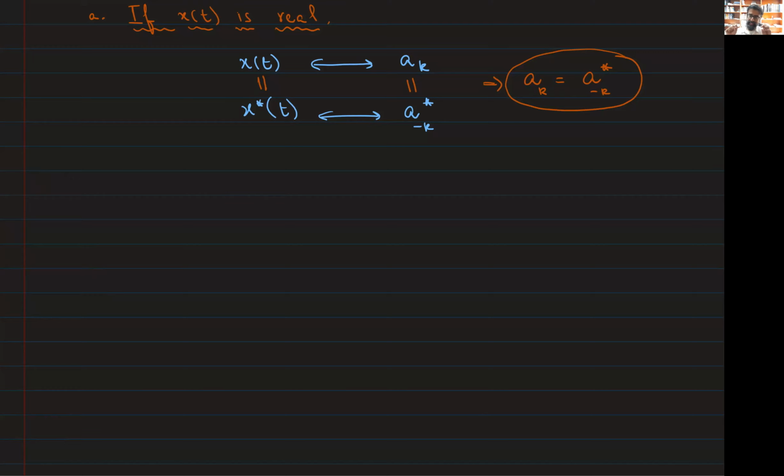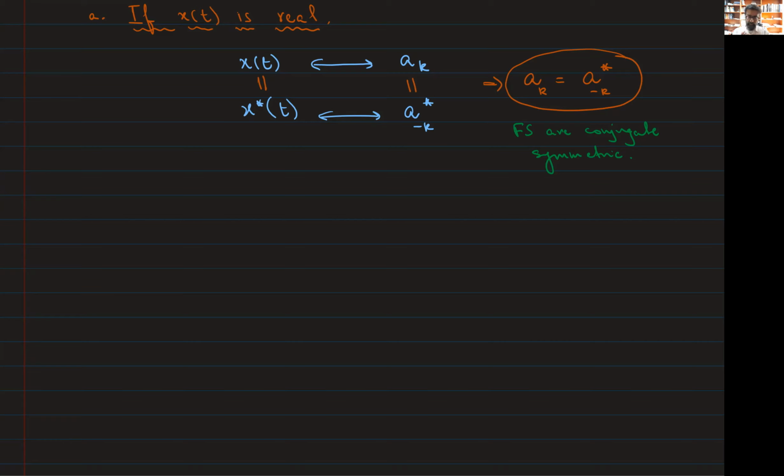Okay? So if a signal is real, we say that the Fourier series coefficients must be conjugate symmetric. So that's what we say. If the signal x of t is real, the Fourier series coefficients satisfy this encircled property, and this property means that the Fourier series coefficients are said to be conjugate symmetric, right?